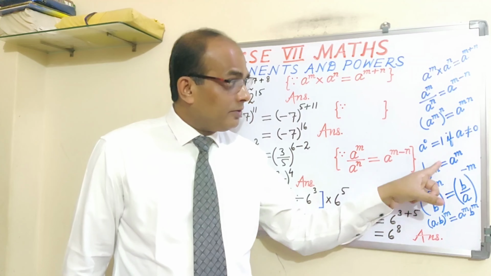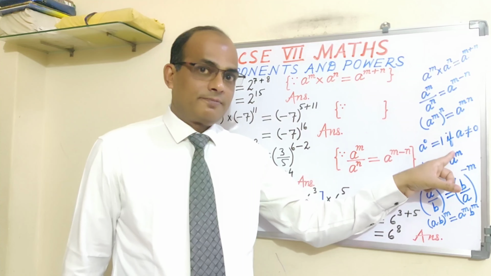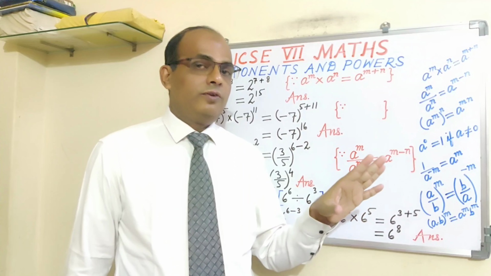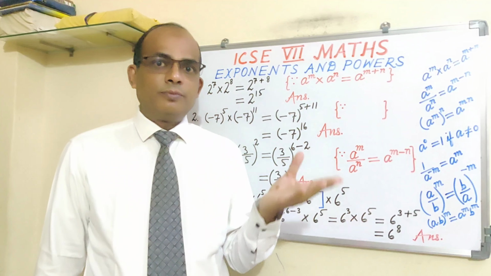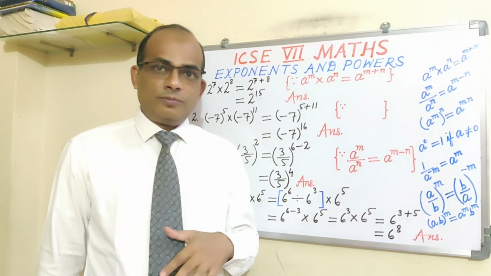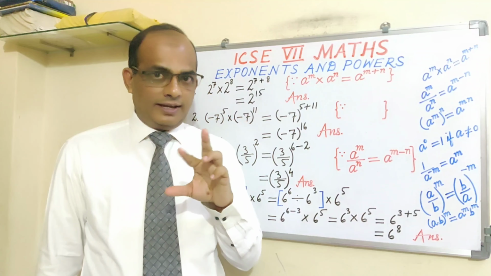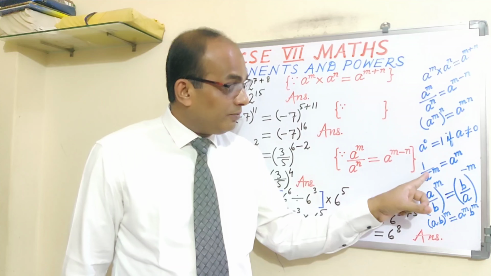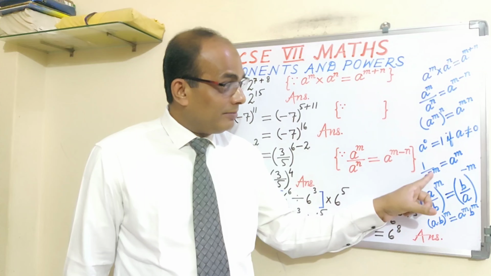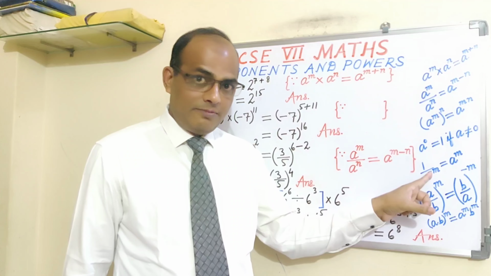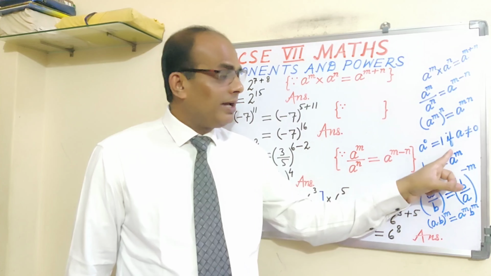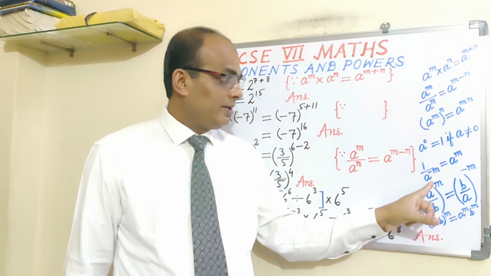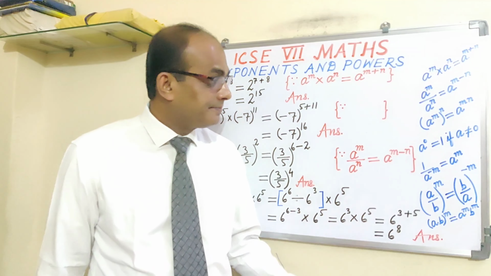Here it is minus, so it becomes plus. When you take it from numerator to denominator or from denominator to numerator, the sign of the exponent changes. If we write a raised to the power m plus n, then this will become a raised to the power minus m when you take this up in the numerator.